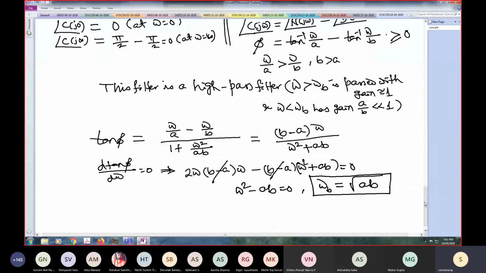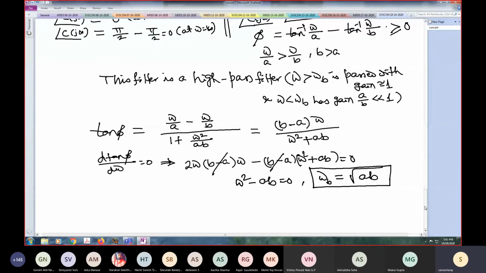So this is where the maximum is; you can take the second derivative and you will find it is the maximum.